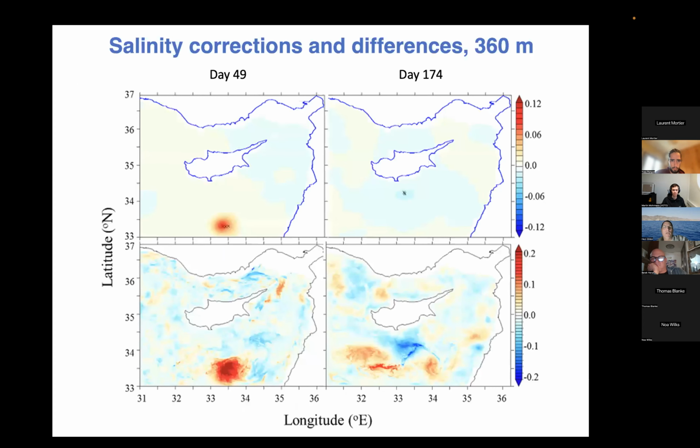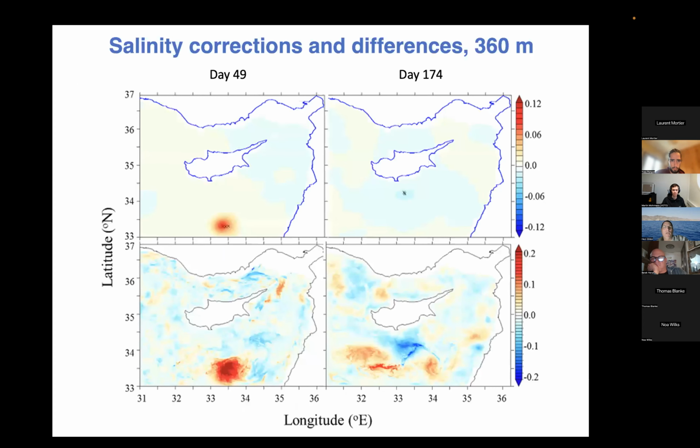So again, the right one is the data assimilation, the left is the control. So again, you can see that the assimilation of the glider actually produces a very different surface velocity field, very different salinity and temperature distribution, and so on.